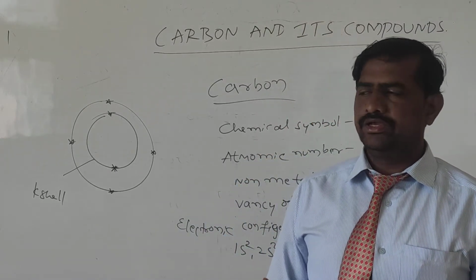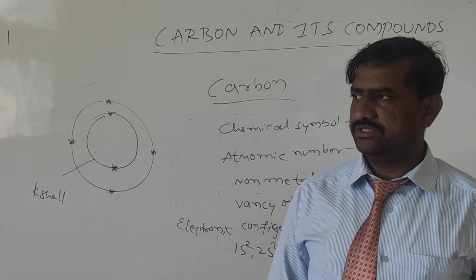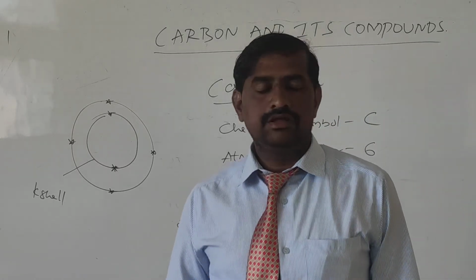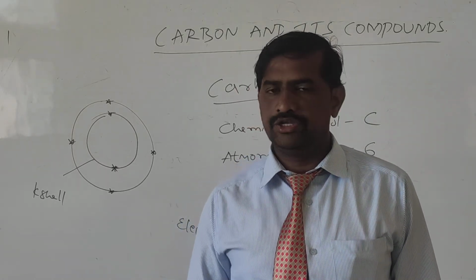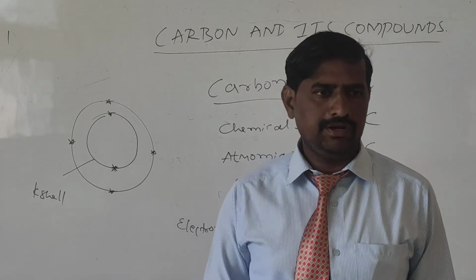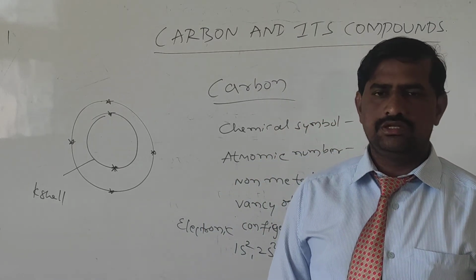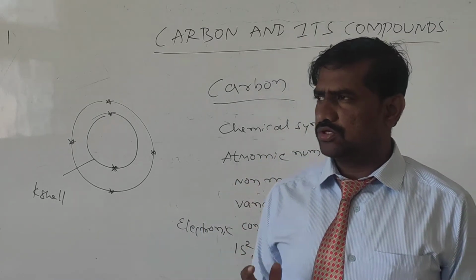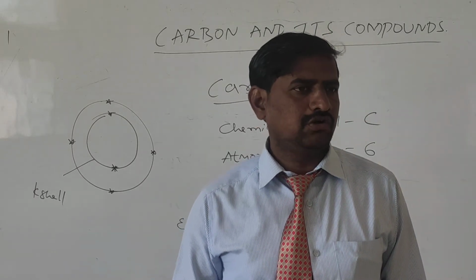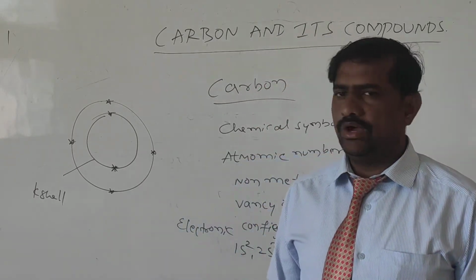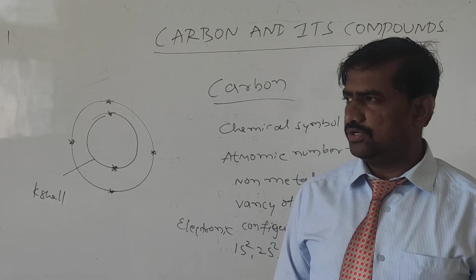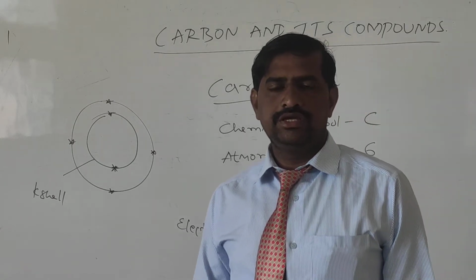Usually if the transfer of electrons takes place, it is nothing but ionic bond formation, but here it is the sharing of electrons. So the compounds formed by sharing of electrons are called covalent compounds.